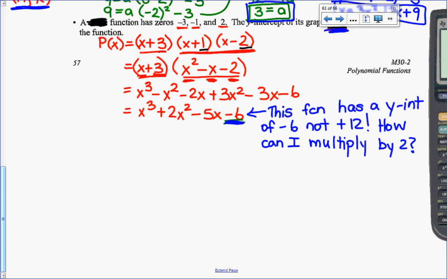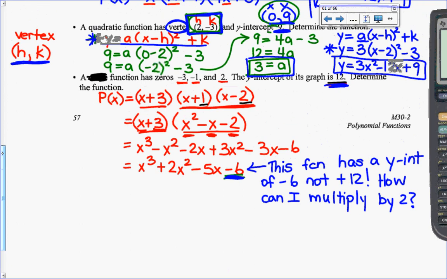Well, let's look right back at our factors. Look right back here at your factors, and think about what we know about the factors of an equation. I'm wanting to multiply the whole thing by 2.